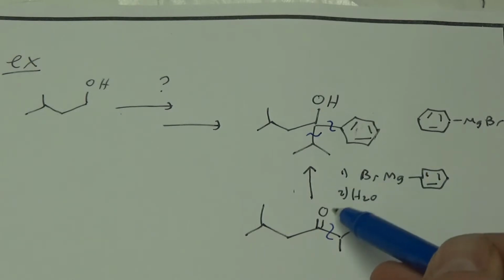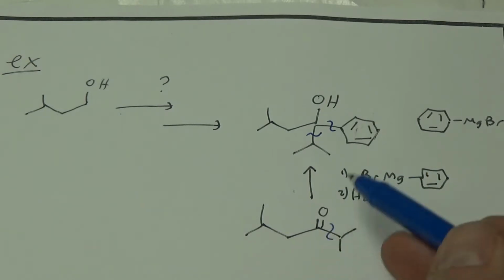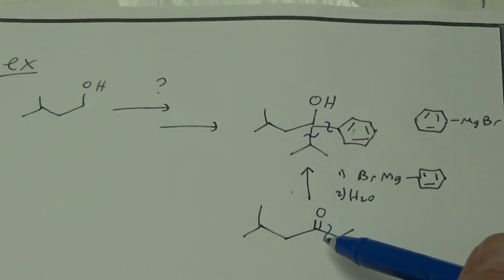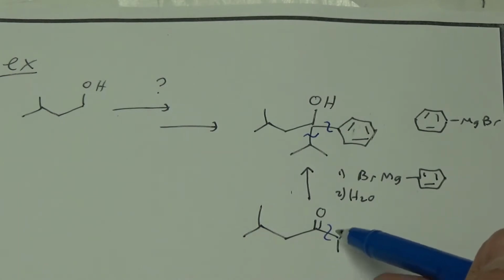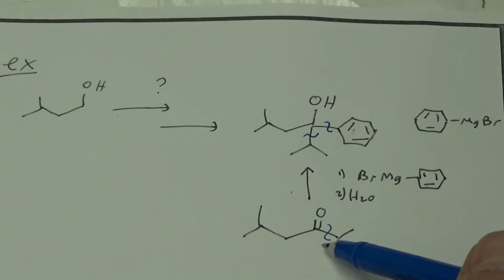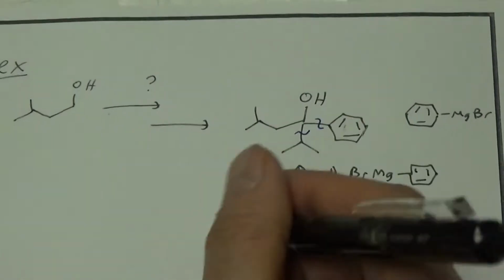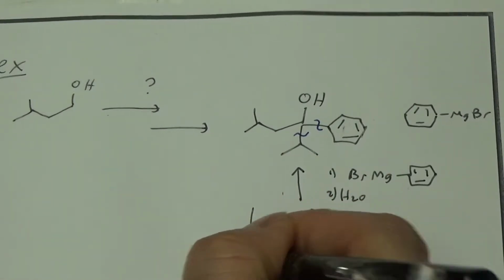Just like we reacted this with a ketone and we got an alcohol. So when I look at this, I have to add an isopropyl group. We still have to add an isopropyl group, but I can't do that in this next step going backwards, right?